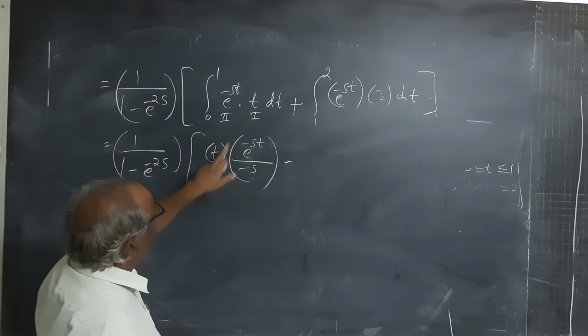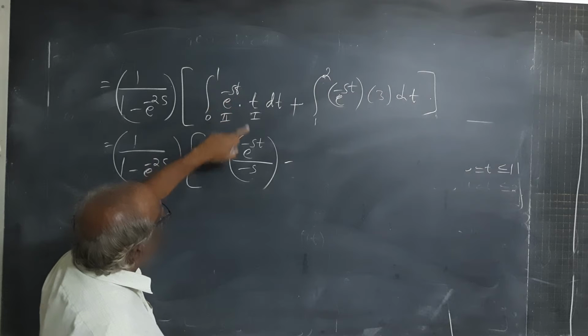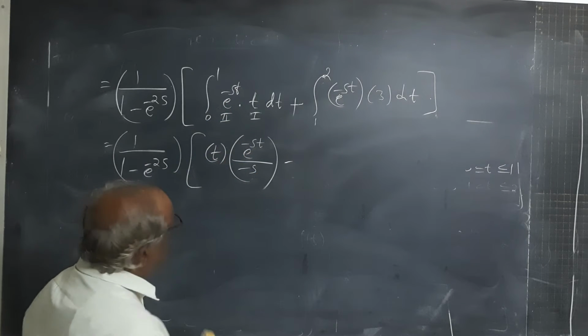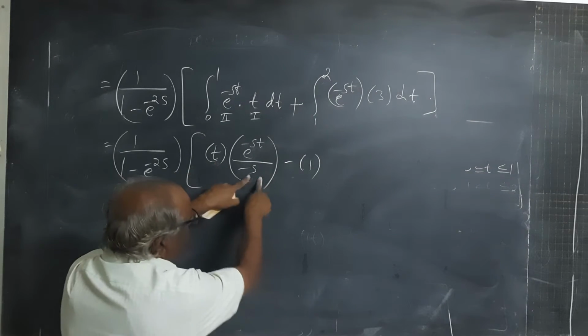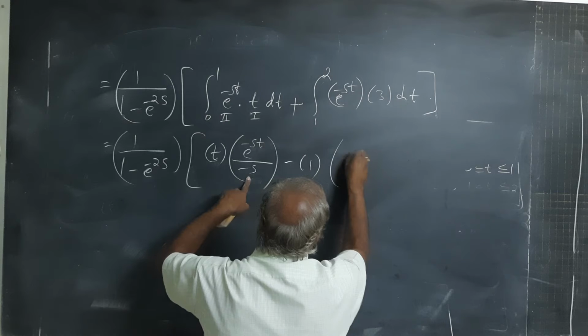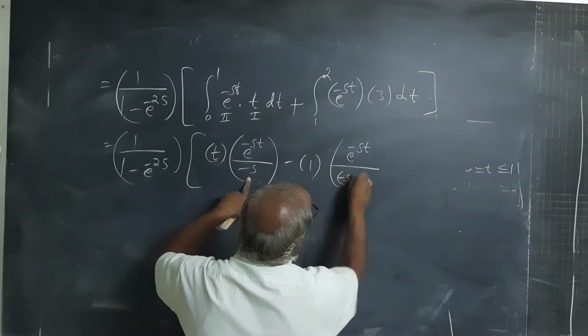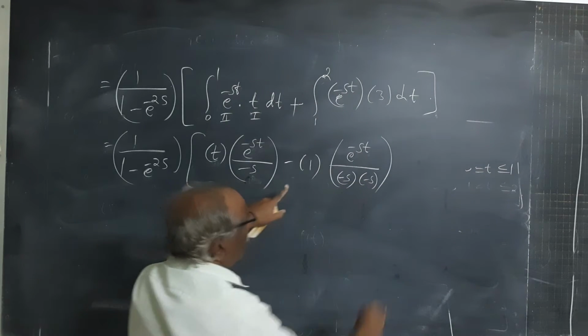Next, minus. Observe, I will tell you in a more simple way. First function t, integral of second: integral of e to the power minus st, e to the power minus st divided by number behind t, minus s. Minus, differentiate the first bracket, 1. Integrate the second bracket, e to the power minus st divided by number behind t, minus s, again into minus s. Right? This is what I am having.